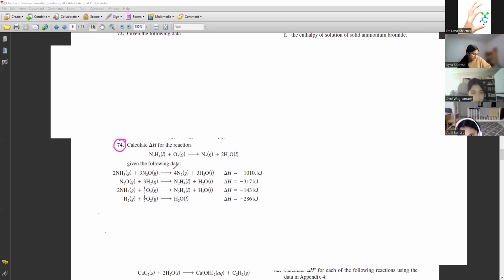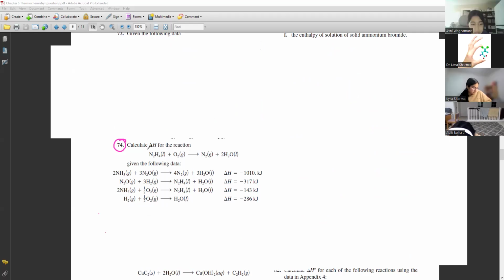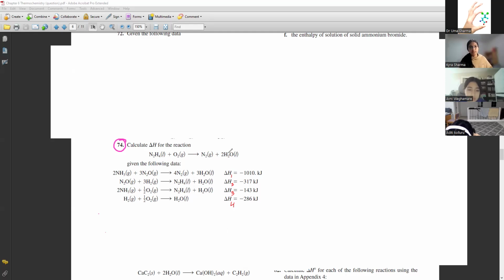Focus on unique reactants, unique products. Wait, do you have to use all of the equations? Yes, definitely, otherwise you won't be able to get the right answer. Don't worry about water because water is a part of every equation, so don't try to balance it.